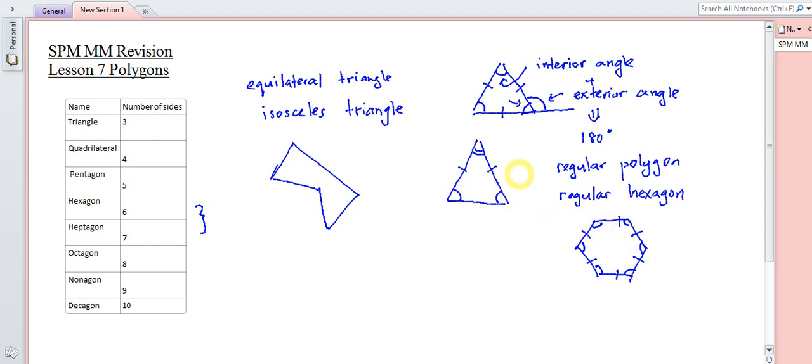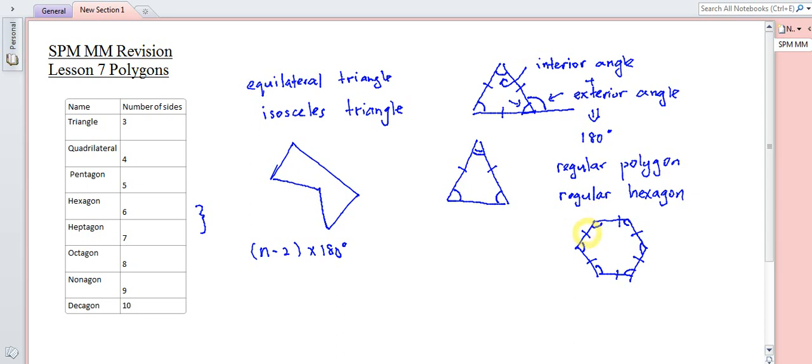Okay. So next thing is the sum of the interior angles. So if I have a hexagon, I want to find the sum of the interior angles of a polygon, right? So the formula that we use is n minus 2 times 180. Let's say I want to find the sum of the interior angles for a hexagon.